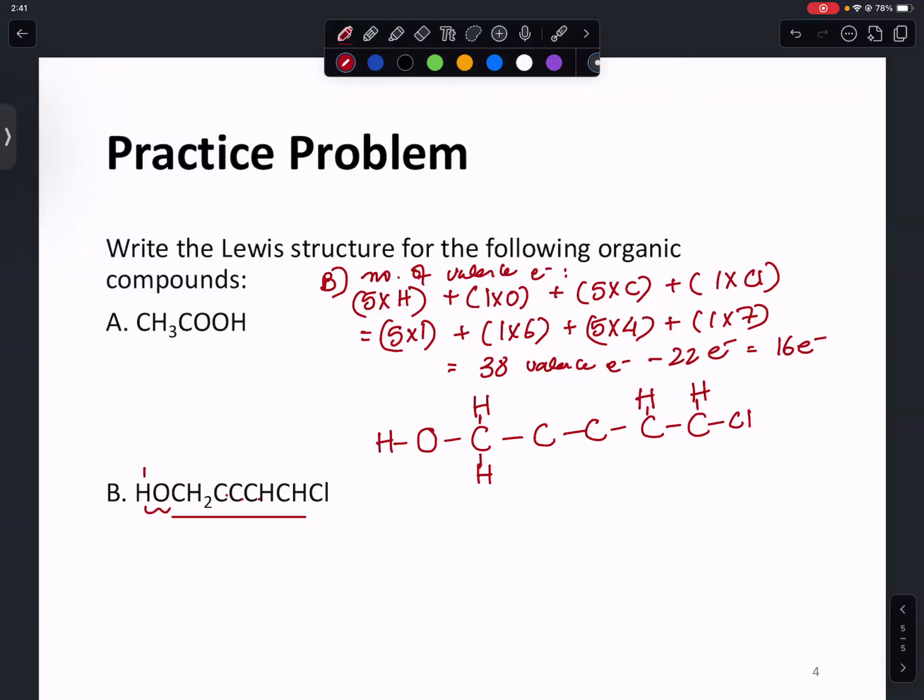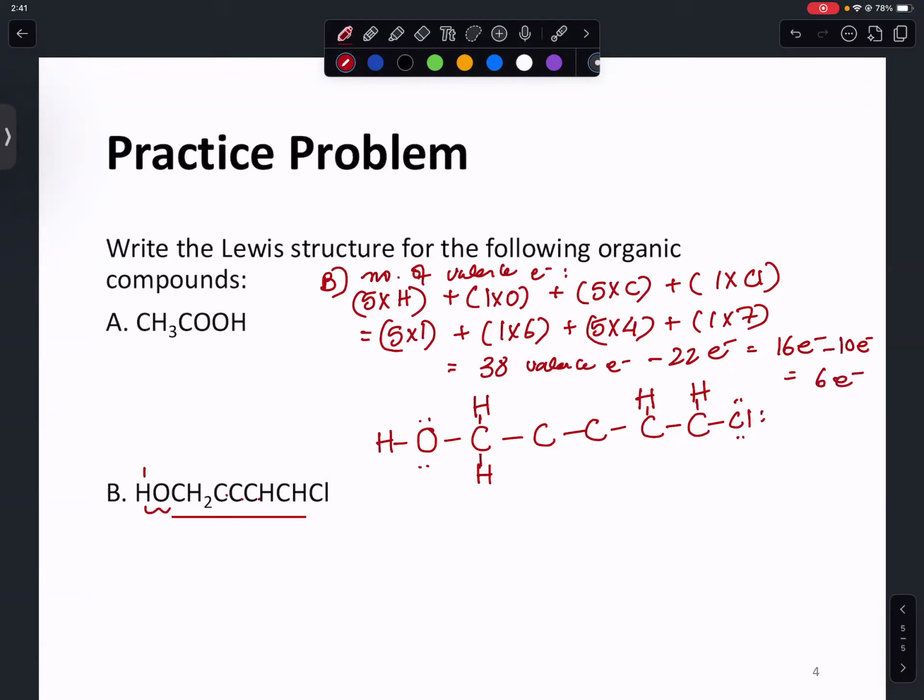Now, these 16 electrons, we're going to use some of them to fulfill the octet of the terminal atoms. So namely, the chlorine and the oxygen. So I'm going to have here 2, 4, 6, 8, and then 10. So minus 10 electrons. Now I have 6 electrons remaining.